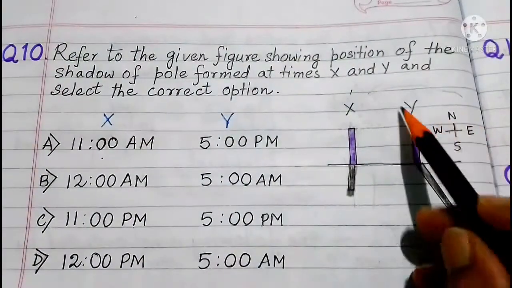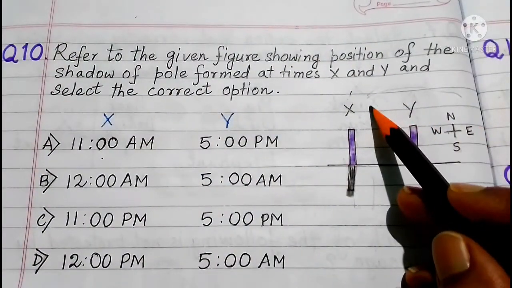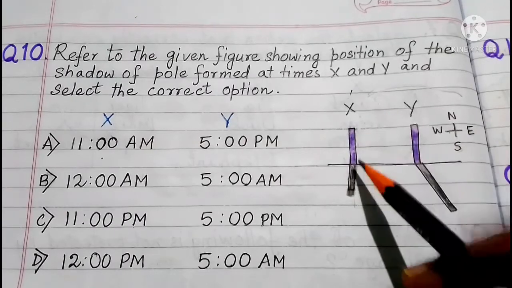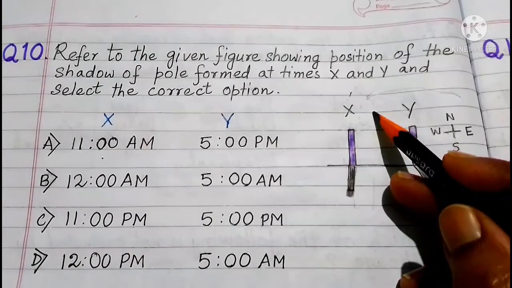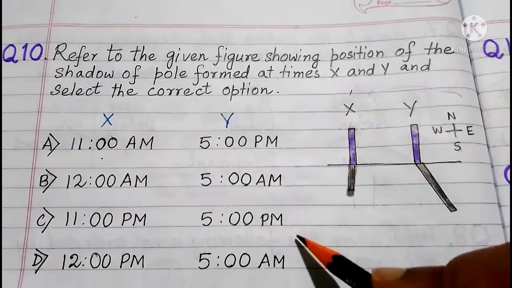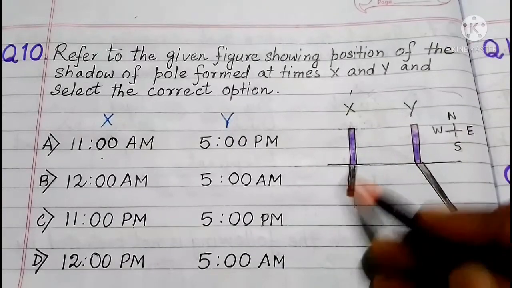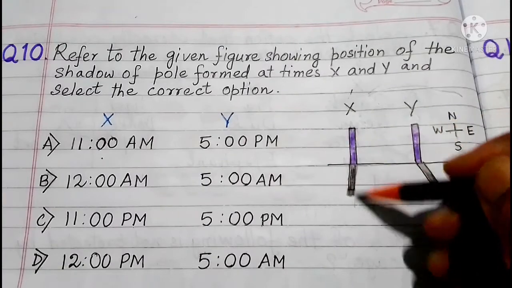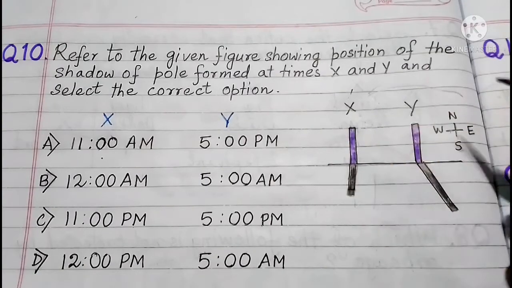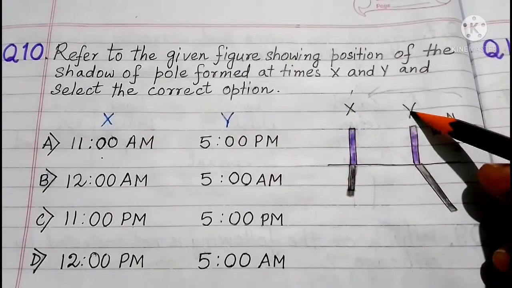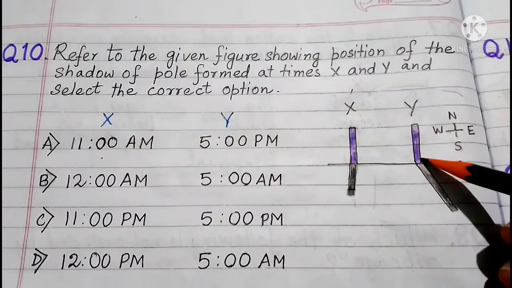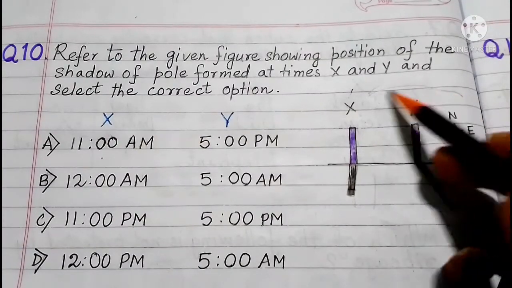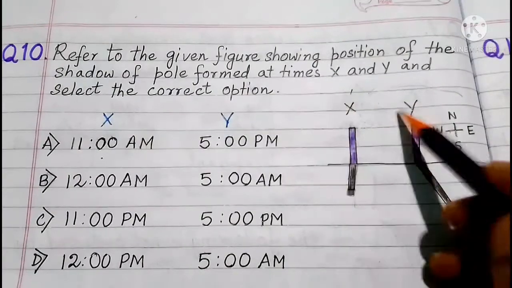Okay, so at 11 o'clock, if the sun is here, the shadow should be towards this side. Okay, and at 12 o'clock, the sun should be here and the shadow should be at straight line with the pole. Now come to Y position. So Y position is a position where the sun has moved much towards the left, towards the west.